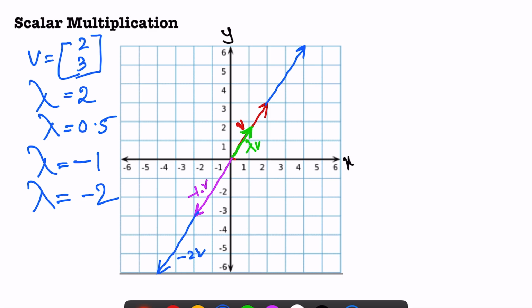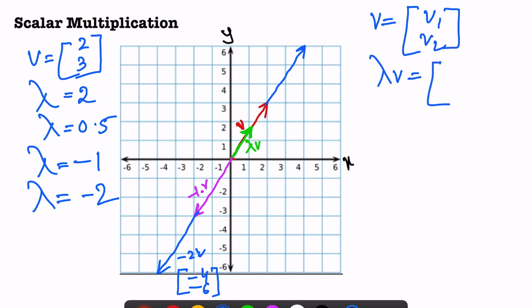Its coordinates are -4, -6. And if vector v is v1, v2, then lambda v will be lambda v1, lambda v2. So each of the components will be multiplied by the scalar.